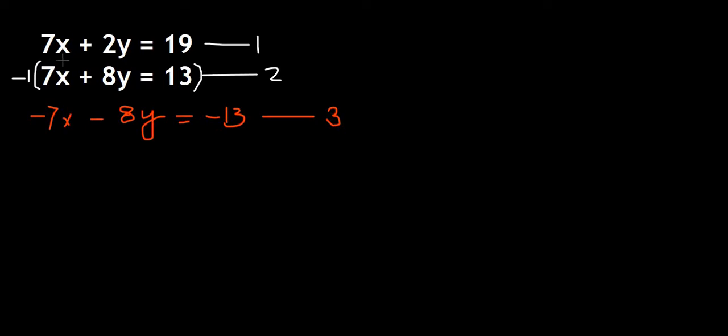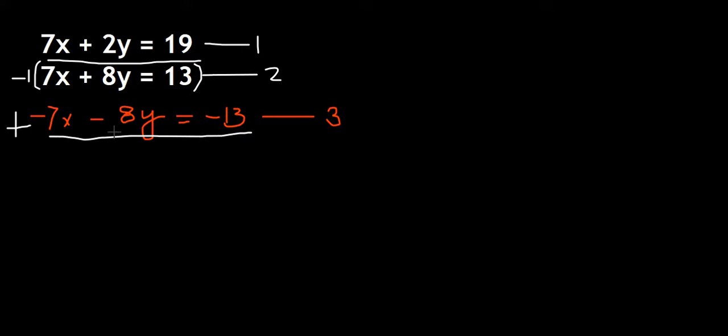Now we have to add the first equation and this equation which we made right now. 7x plus minus 7x, or 7x minus 7x equals 0.